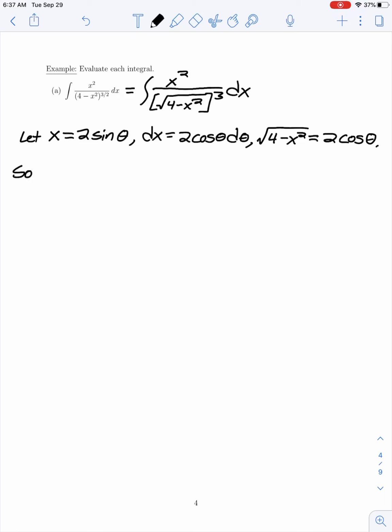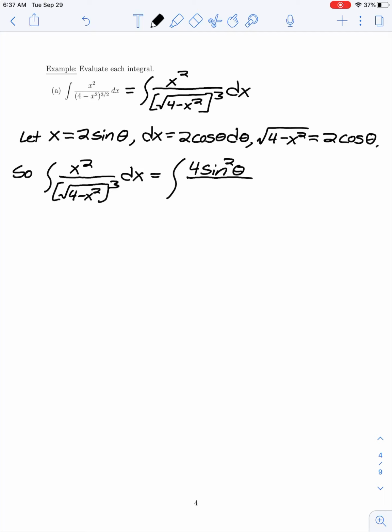So let's take the integral that we had, that is x squared over the square root of 4 minus x squared quantity cubed dx, and rewrite it in terms of theta. So our numerator, x squared, will be 4 sine squared theta, just squaring what we had for x.